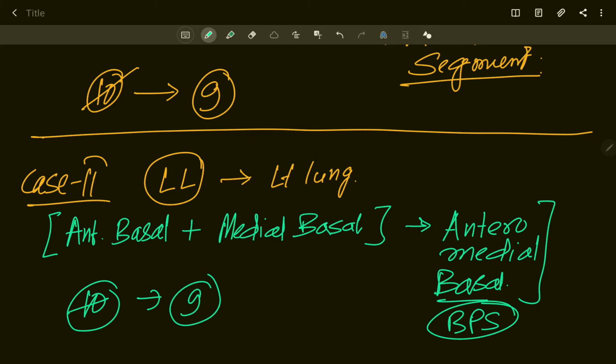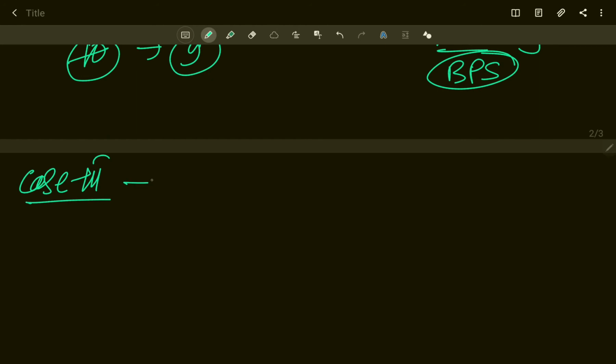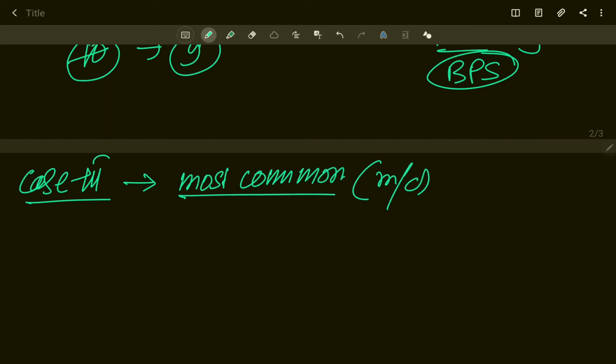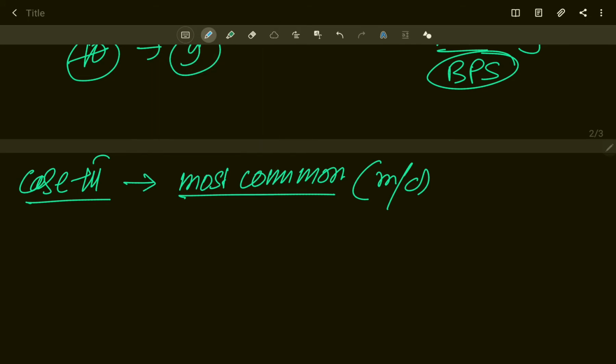Okay, now case 3, which is the most common. Case 3 is the most common.